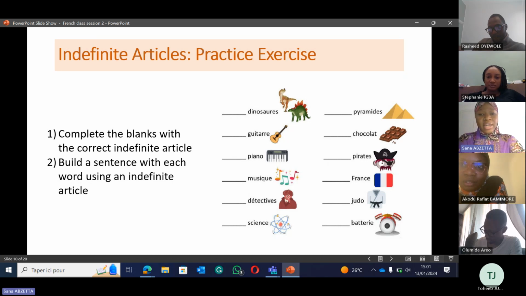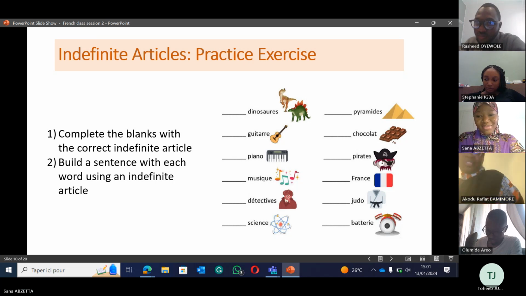So I want you to take 3 to 5 minutes, everyone, and try to put the right article in front of each word. And after 5 minutes, we can correct to see if you got it right or wrong. Okay, 5 minutes.